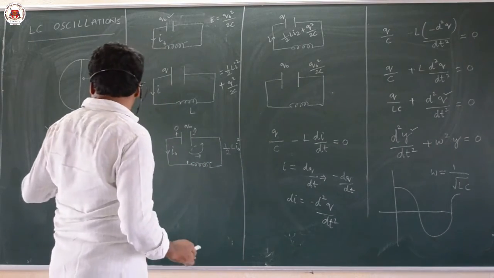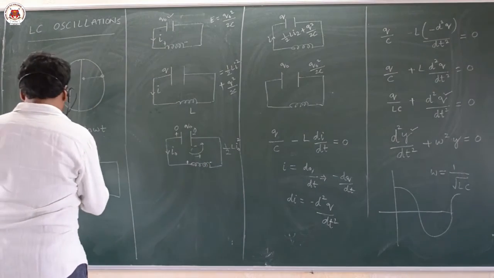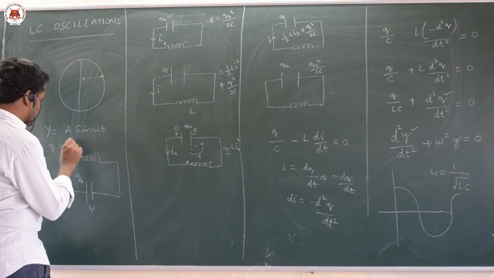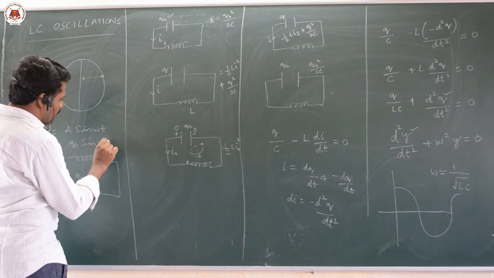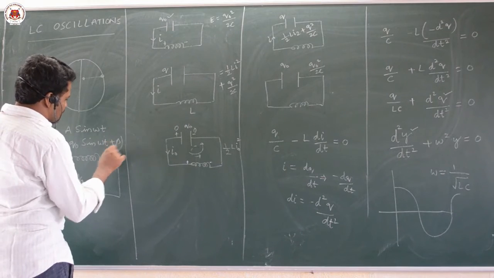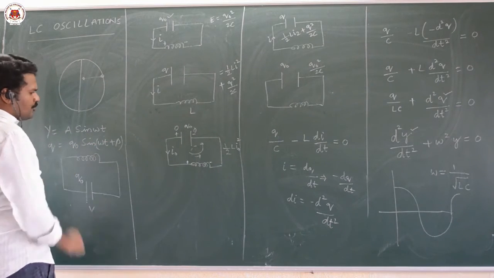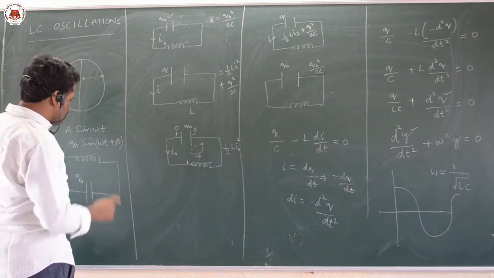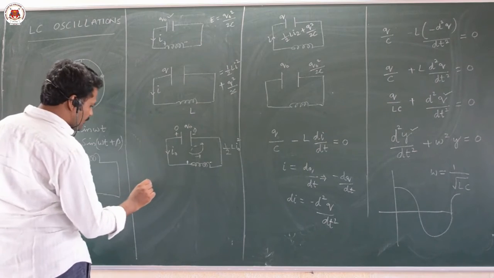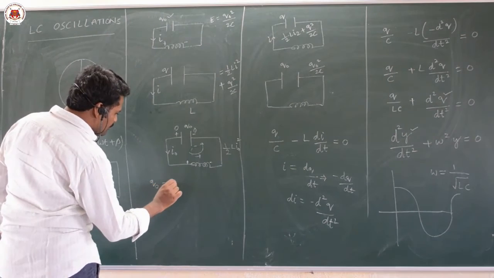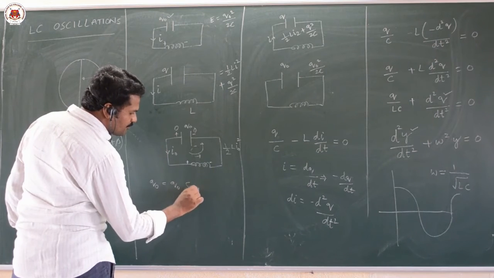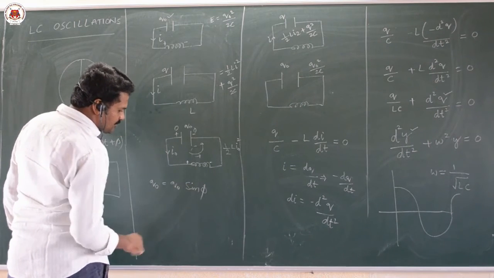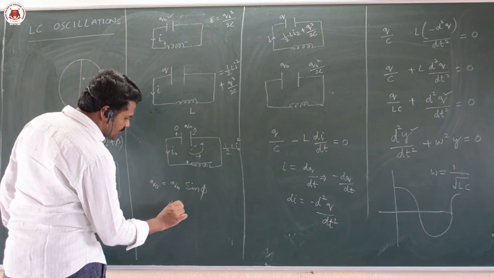That's why we can take q is equal to q naught sin of omega t plus phi, and q is equal to q naught at time t is equal to 0. Put t is equal to 0, then q naught is equal to q naught sin phi. Then you are going to get phi as 90 degrees, pi by 2.